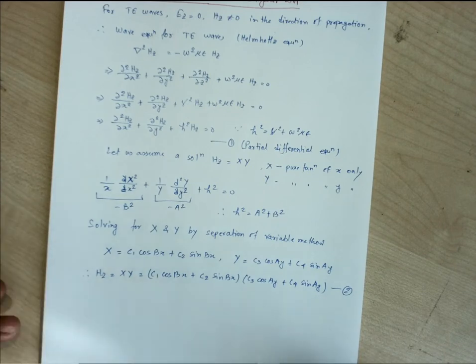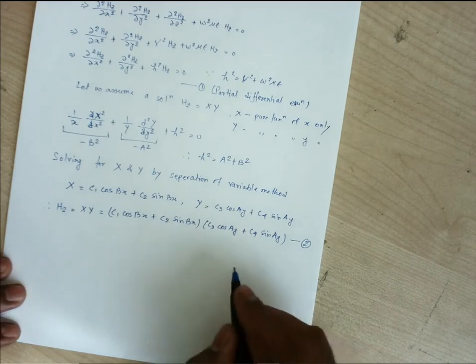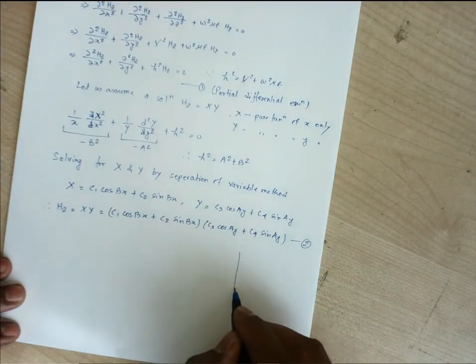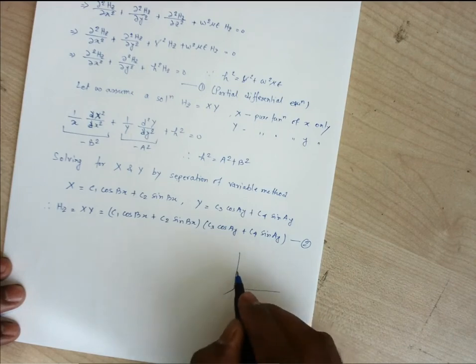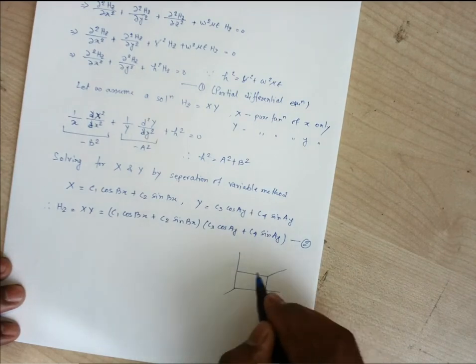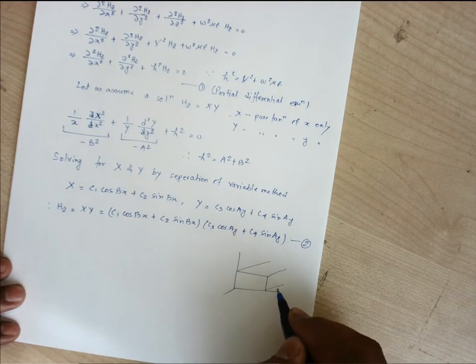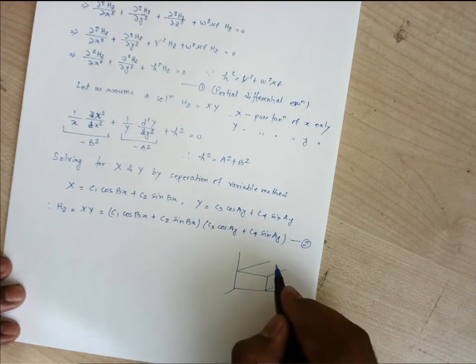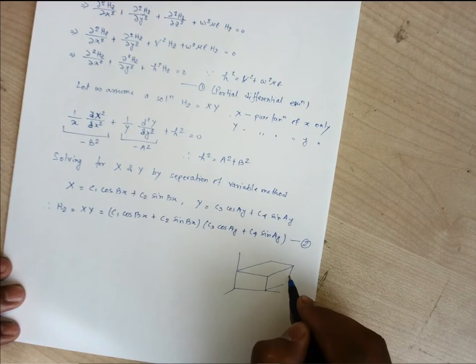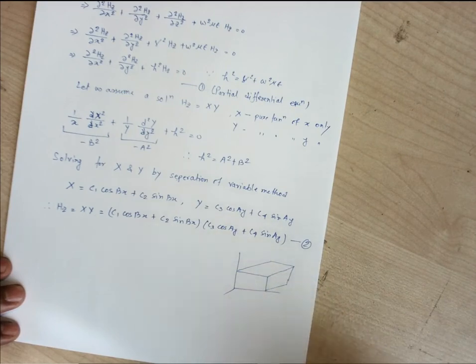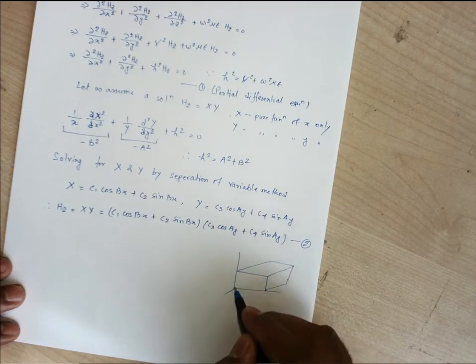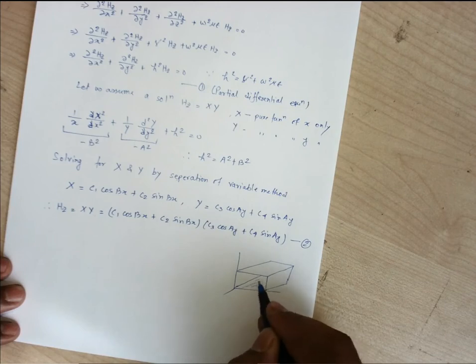Okay, so let us consider this is the waveguide. These are the different conducting walls.